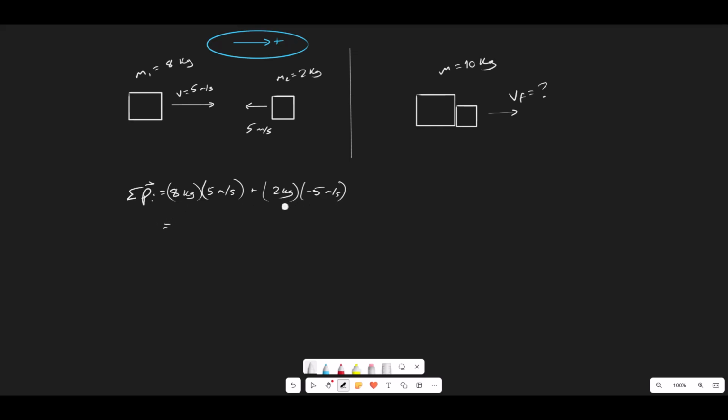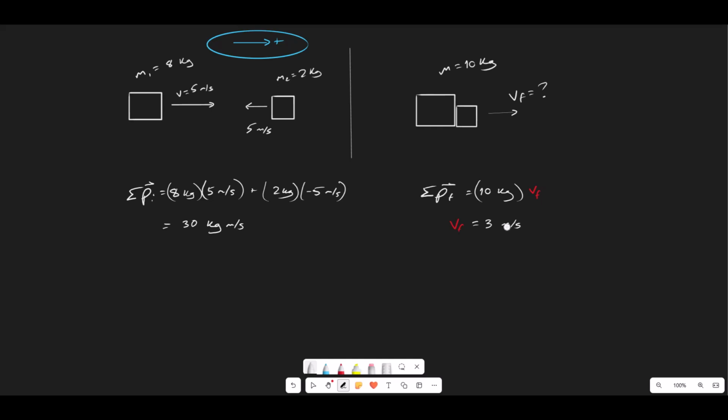This is 40 minus 10, that is 30 kilogram meters per second. My final momentum, I've got 10 kilograms times V final. My initial has to be equal to my final, so 30 is 10 times V final. My V final is going to be 3 meters per second.